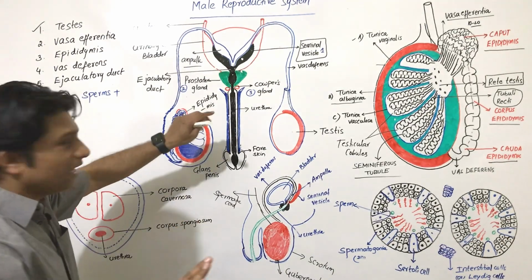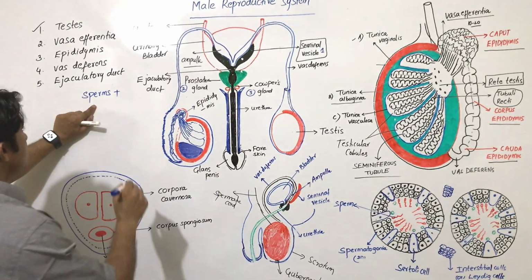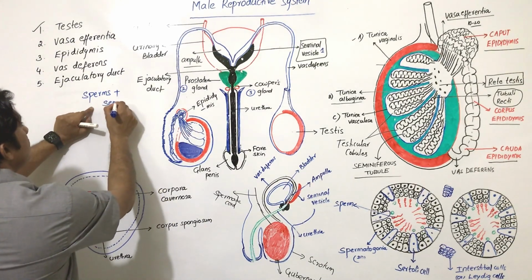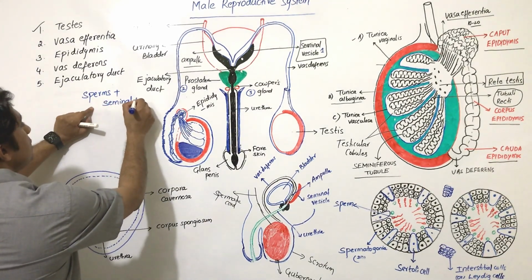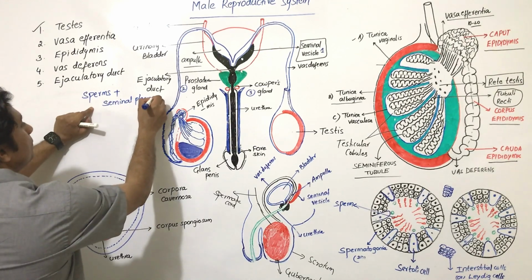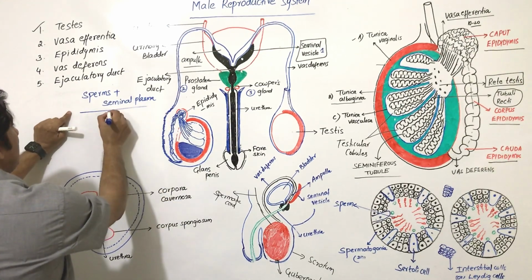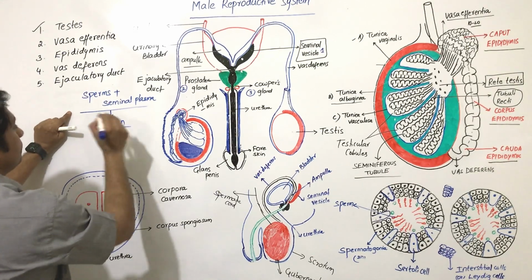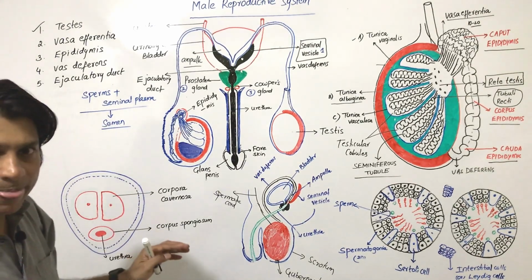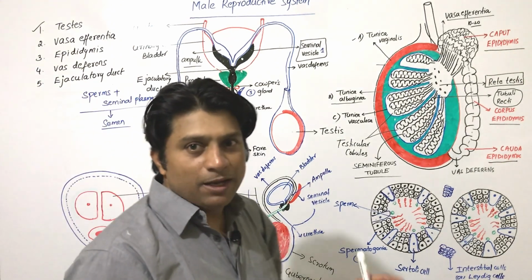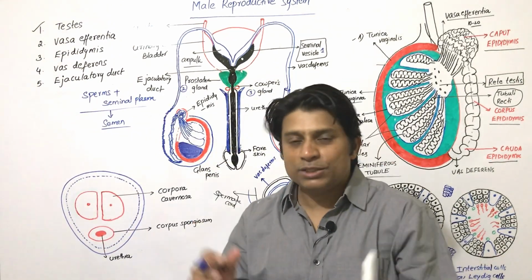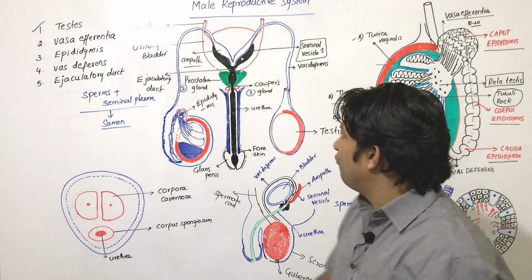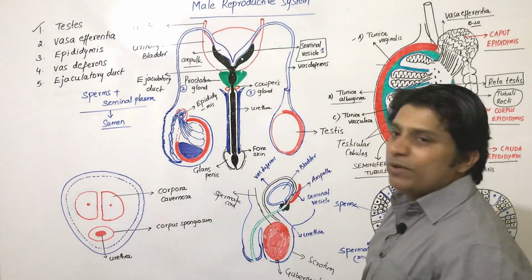The secretions of these three glands are known as seminal plasma. So sperms plus seminal plasma make semen. Clear? Let us find out what exactly the seminal plasma consists of. First, the seminal vesicles.